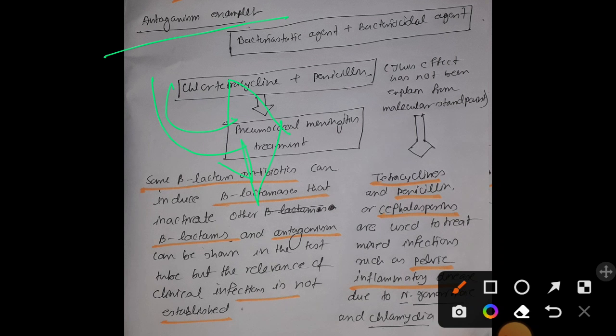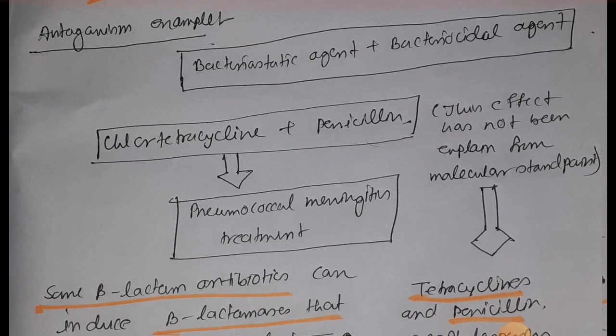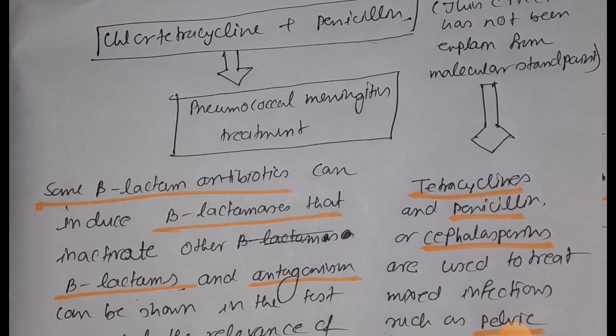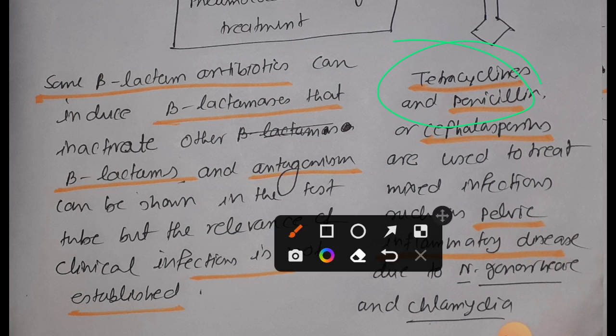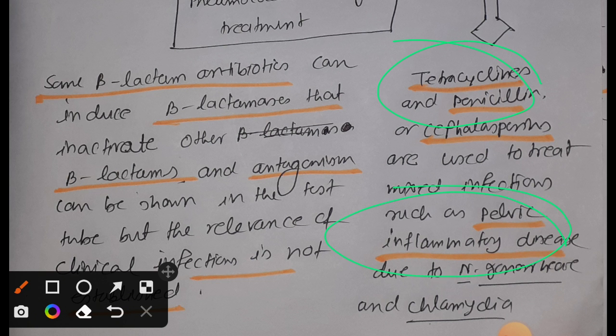So what is the use of using chlorotetracycline and penicillin in a mixture, as they are reducing their activity, right? So let me tell you that yes, tetracycline and penicillin in a mixture cause antagonism, but they are useful for treating mixed infections caused by gram positive and gram negative bacteria.